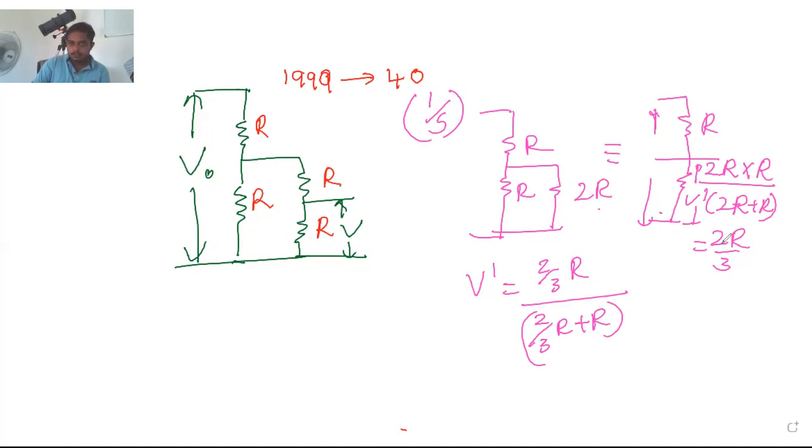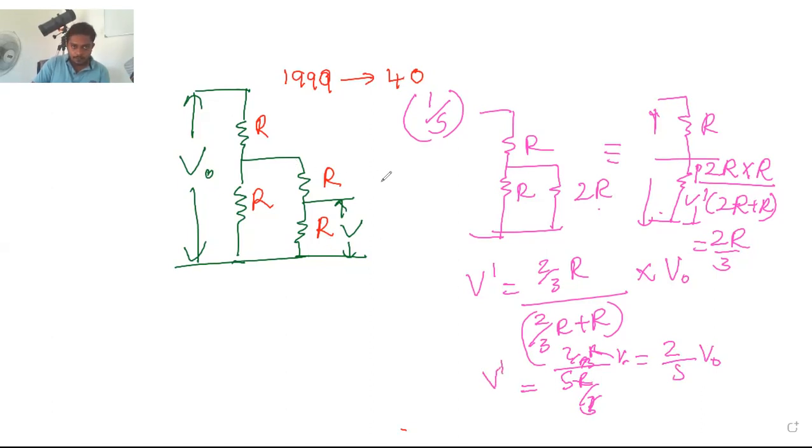This resistor is 2/3 R, then I divide that by the total resistance and multiply by V0. Finally, I'm getting 5R/3 in the denominator, the 3s and R cancel out, and I am getting 2/5 V0 as V dash.